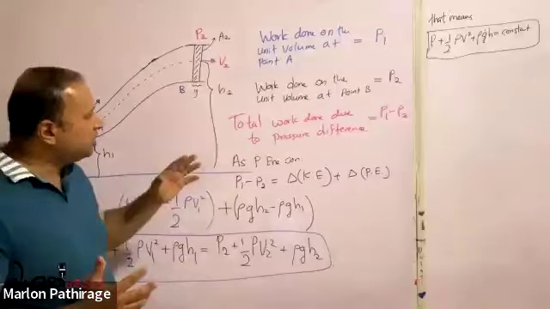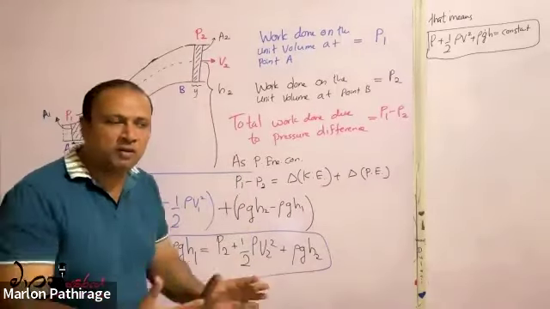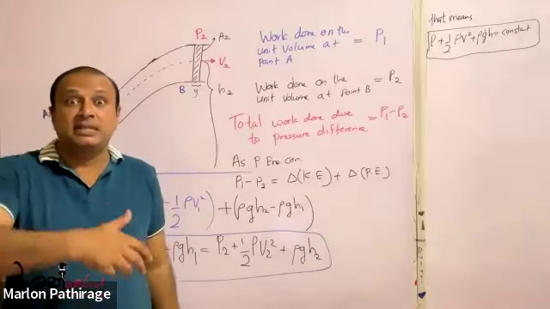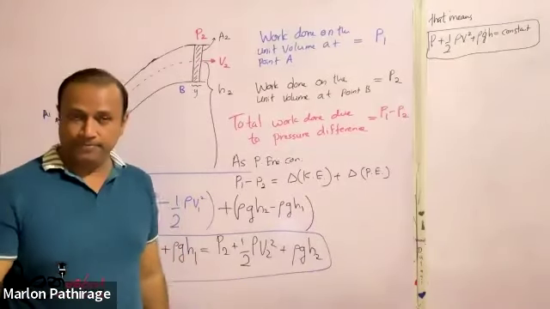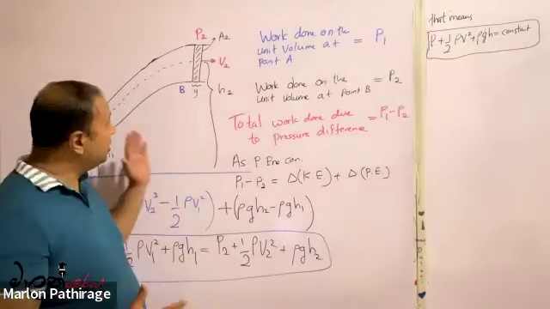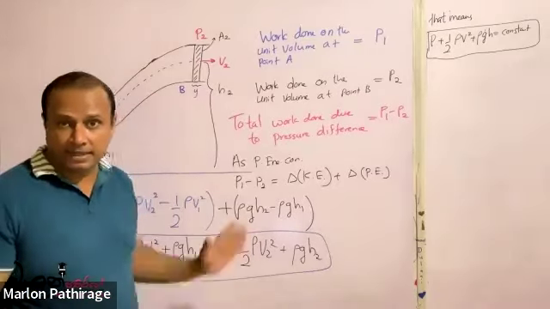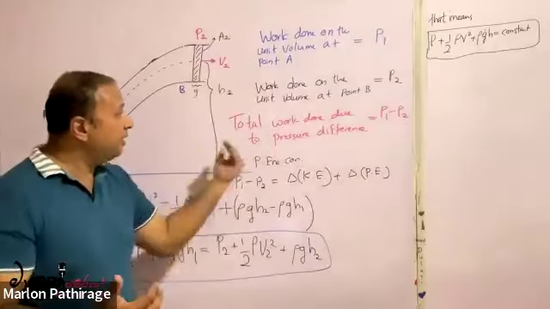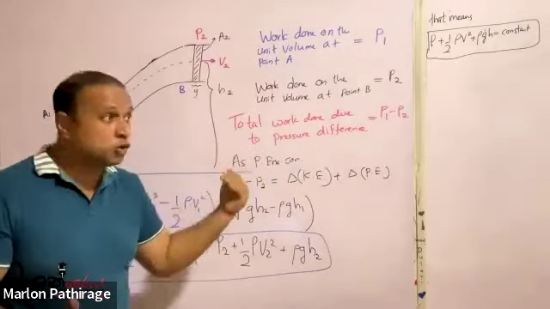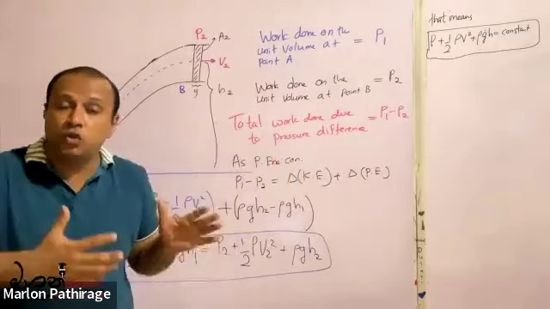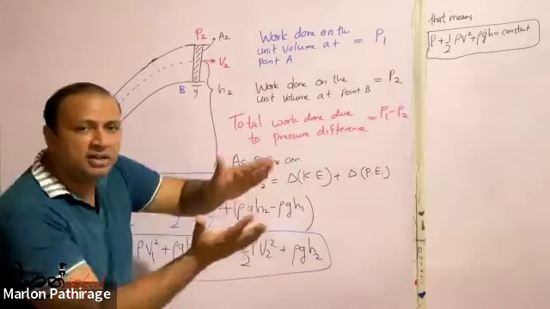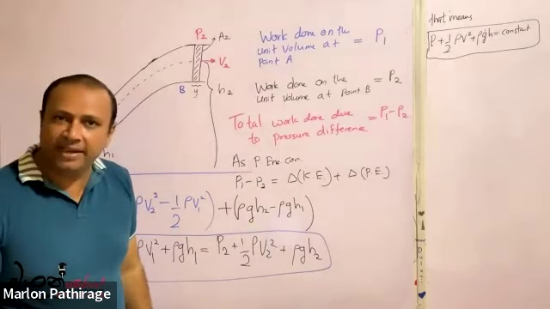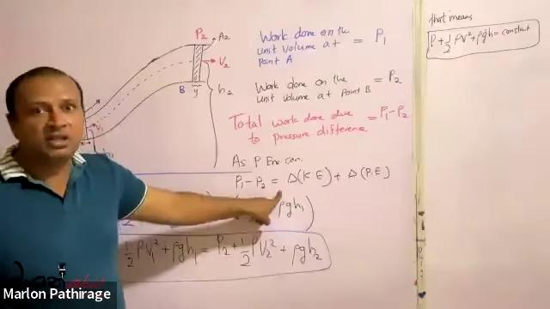Suppose this pressure difference is used to do work against fluid friction, that means against viscosity. There's a friction on fluid. So if this work is utilized to do work against fluid friction, then this equation is not valid.